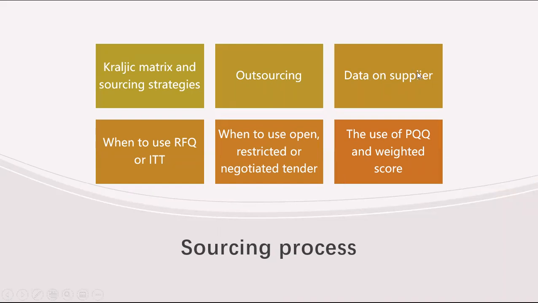But if you want me to remind you, I would say that primary data is the data that you collect directly from the sources, like the quotation from suppliers or the catalog from your suppliers.